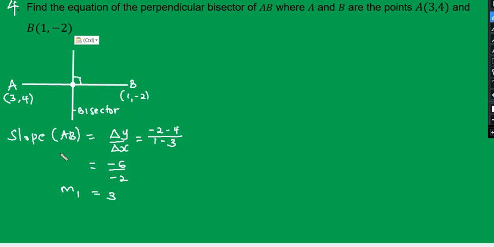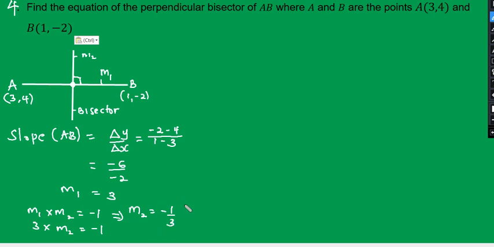Now to get the gradient of the bisector, it is very easy. If this has a gradient M2 and this has a gradient M1, then M1 times M2 must give me -1. So if we substitute, 3 times M2 equals -1, implying that the gradient of the bisector M2 is -1/3.